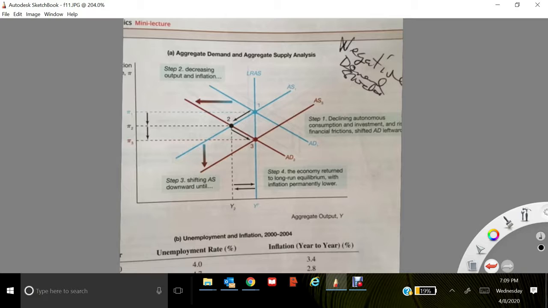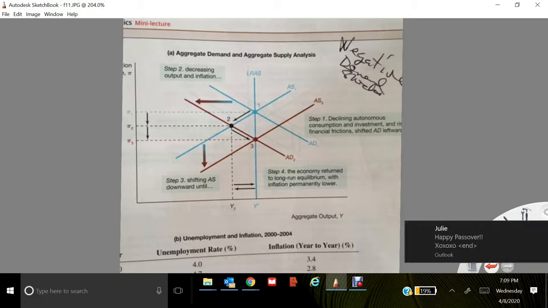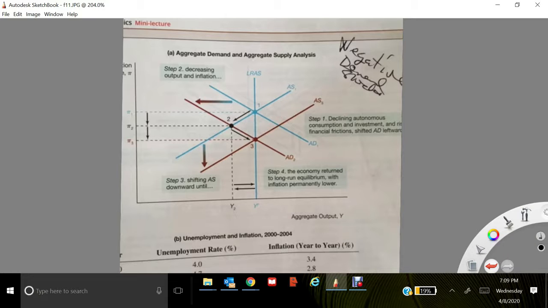September 11th, 2001, you had the terrorist attack, weakening consumer and business confidence. In 2003, you had Enron, an oil company, going bankrupt.